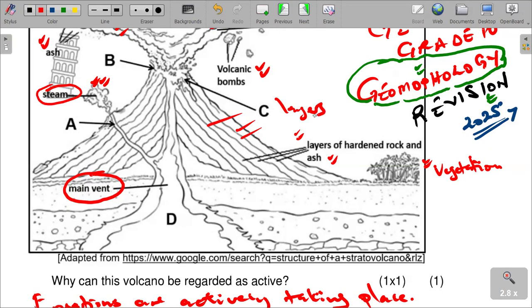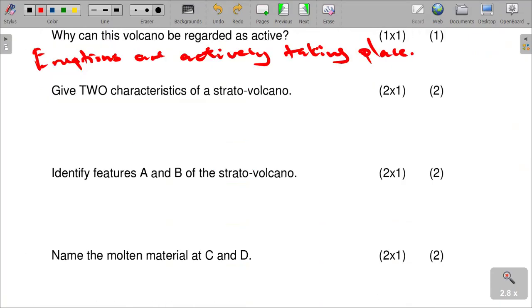You have the layers of lava flow. Layers of lava flow, we see them there. So what we are saying is that the characteristics of stratovolcanoes is that they have alternating layers of lava flow.